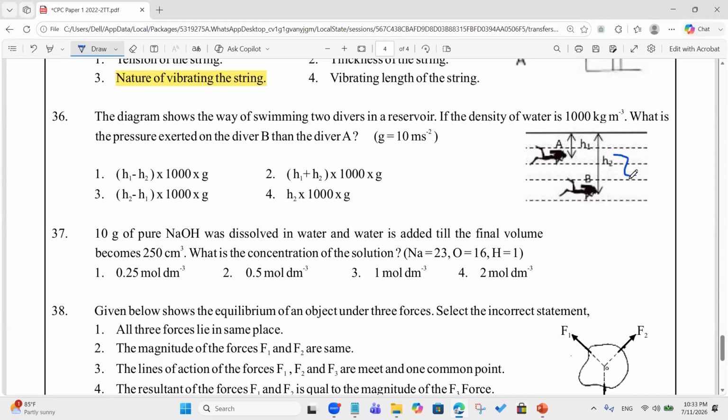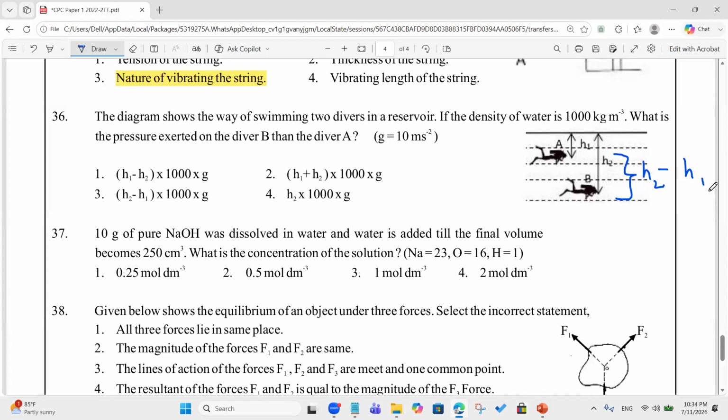So there's a gap in between A and B, that is H2 minus H1. The water found in this gap creates an additional pressure on diver B. So that is what you have to find.